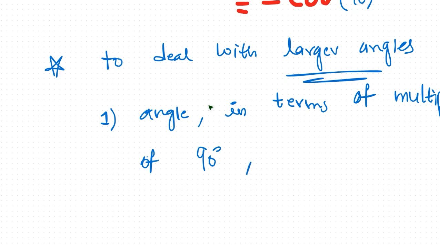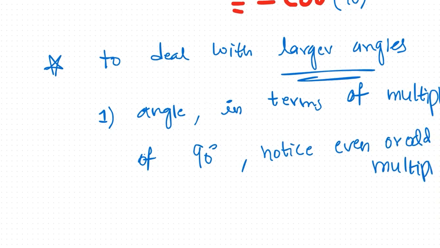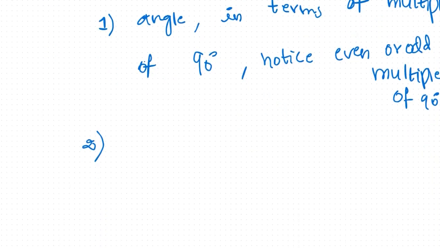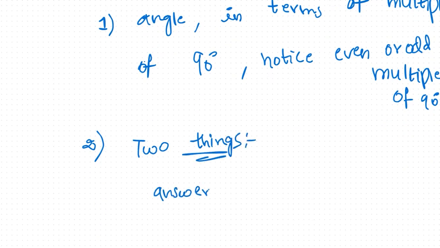Second step is to notice if it is an even multiple or odd multiple of 90. Two things to keep in mind. The answer opens up either with a positive or negative sign.